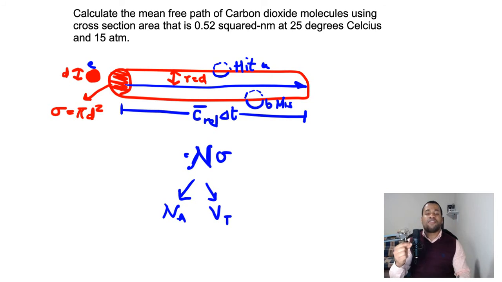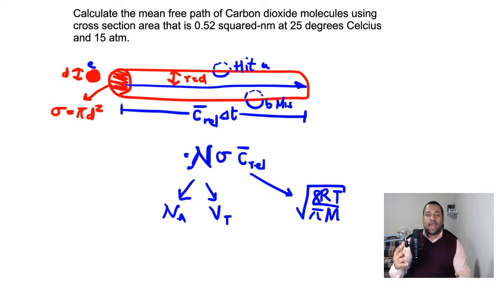and also the cross-sectional area. As a result, we are able to combine this with the relative mean speed, which is the square root of 8RT over pi m. The number of particles is related to the number of moles, which links to the equation PV equals nRT.